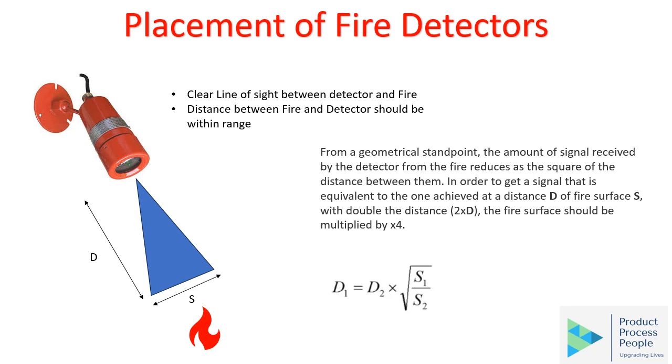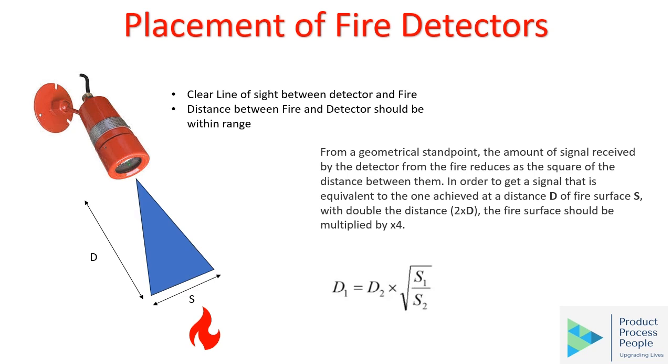While placing a fire detector, mainly two things should be kept in mind. One, there should be a clear line of sight between the detector and the fire, and the distance between the fire and the detector should be within the acceptable range of the fire detector.